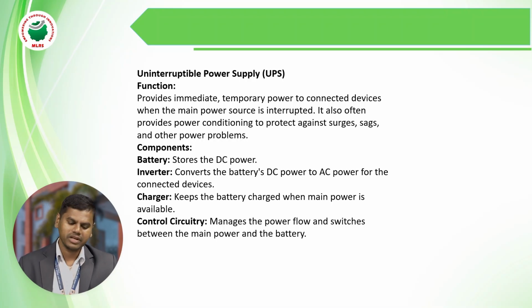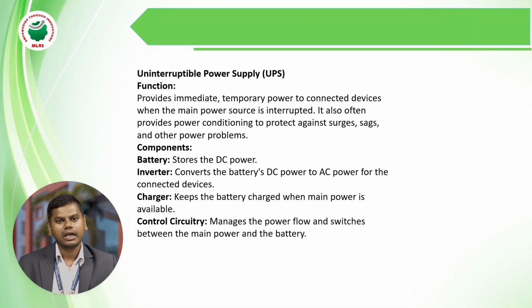It provides immediate or temporary power to connected devices when the main power source is interrupted. It also often provides power conditioning to protect against surges, sags and other power problems.